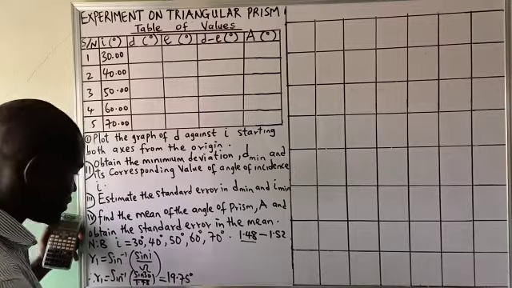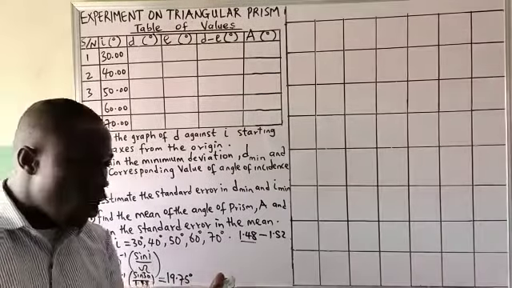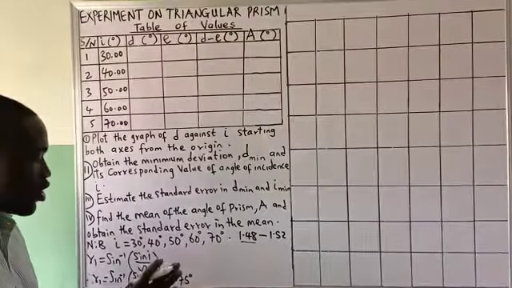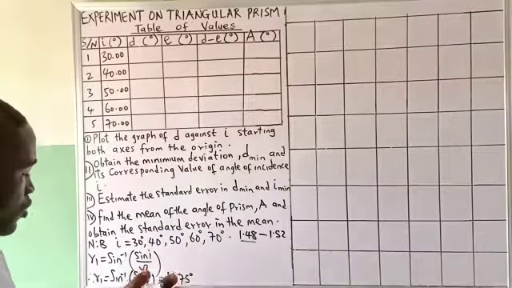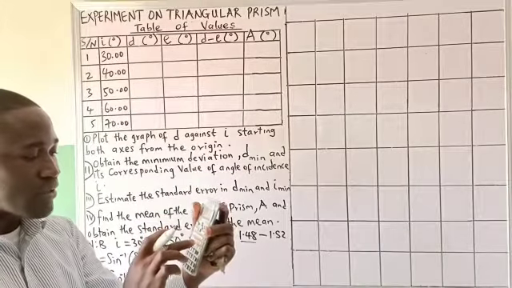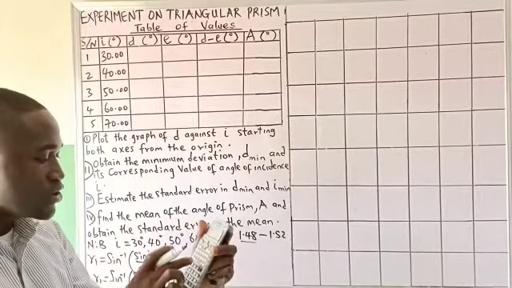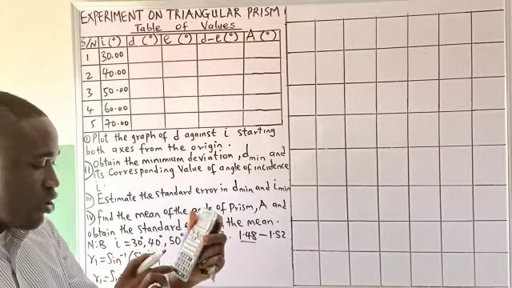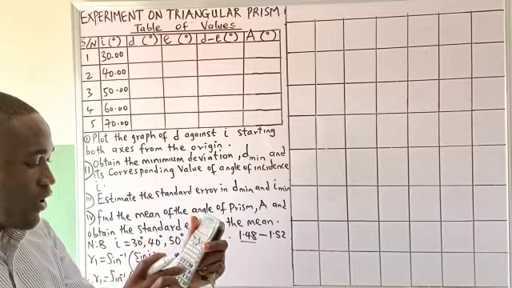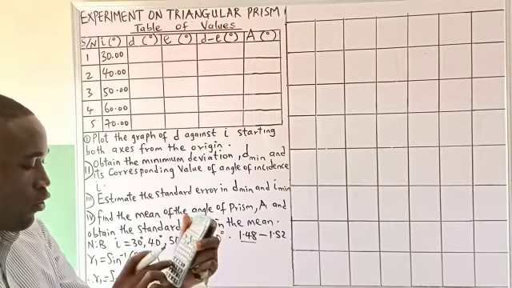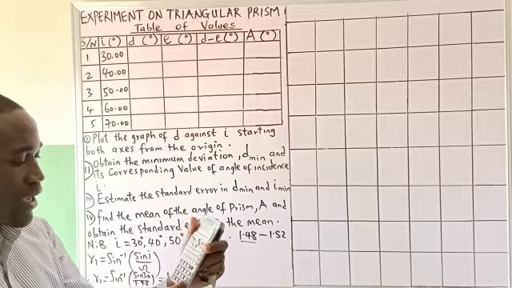19.75 degrees. I repeat, if you do not want to do it using the rigorous process, all you do is press shift, press sine, it will give you sine inverse, open bracket, press sine 30, that is 0.5, divided by 1.48, close the bracket.